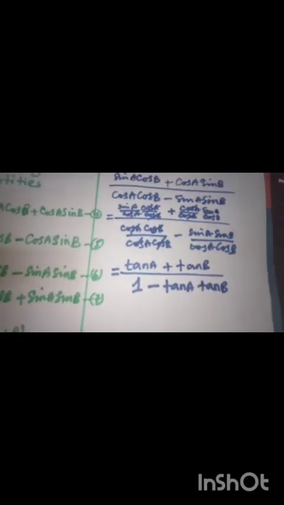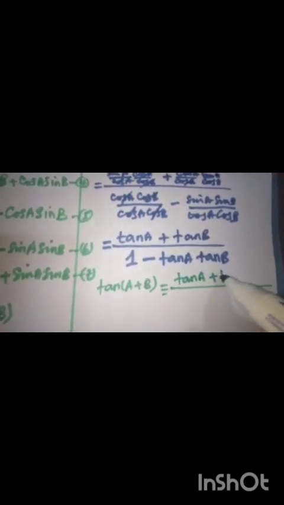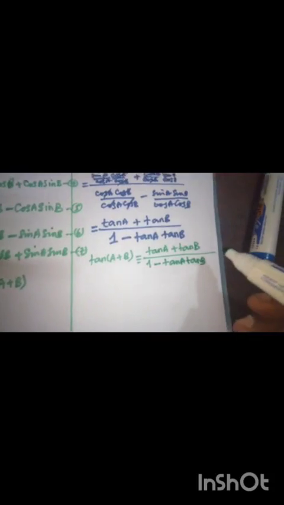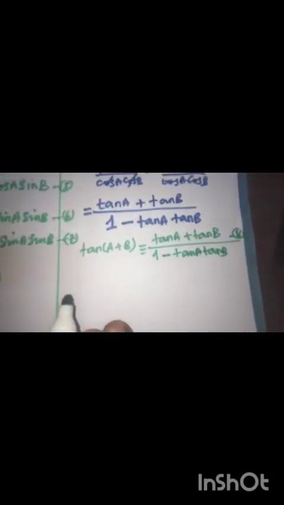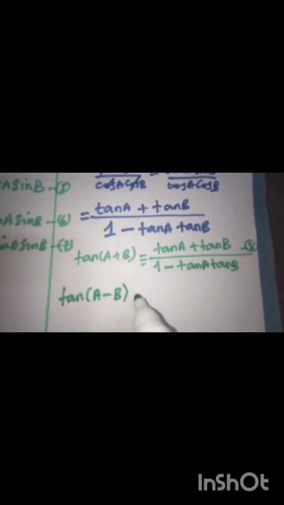So we are saying that tan A plus B is equal to tan A plus tan B divided by 1 minus tan A tan B. So that is identity 8.